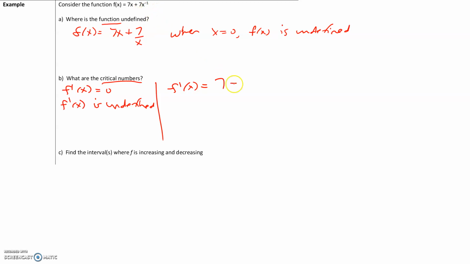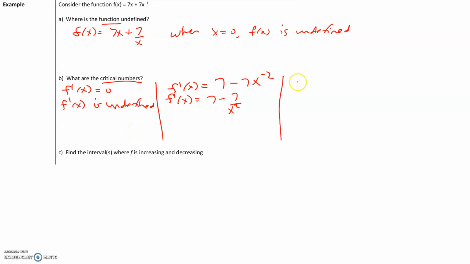Negative 1 times 7 is negative 7, and then the exponent decreases, so that'll be negative 2. I'm going to rewrite this as f prime of x equals 7 minus 7 over x squared. When this is equal to 0 or when it's undefined, we have the critical numbers.